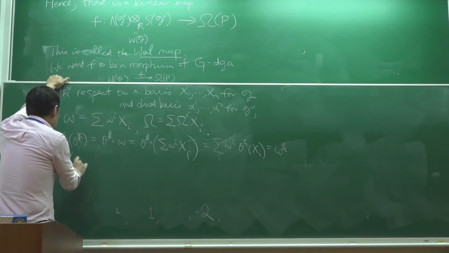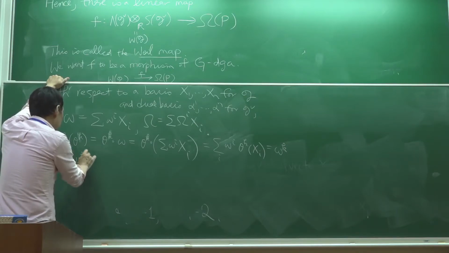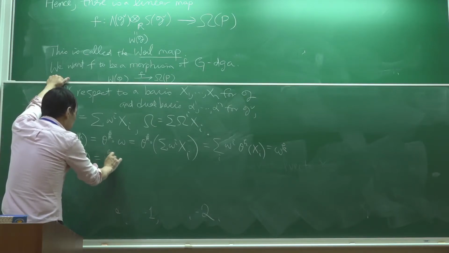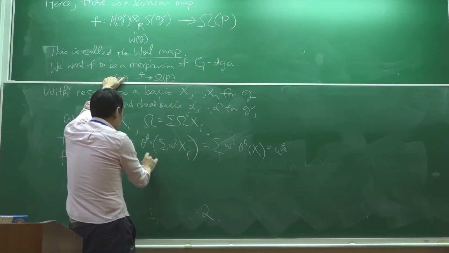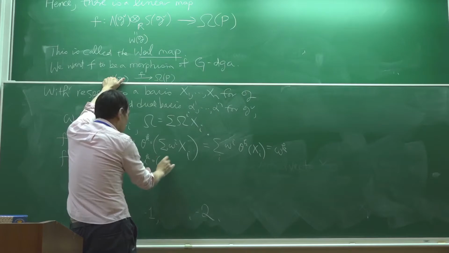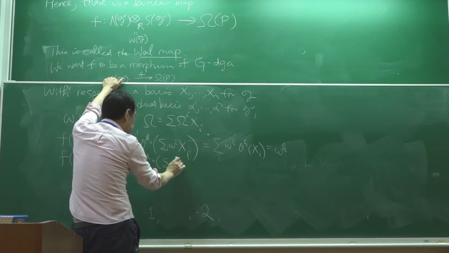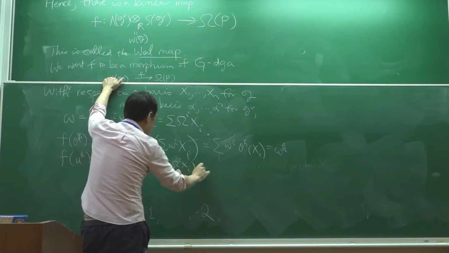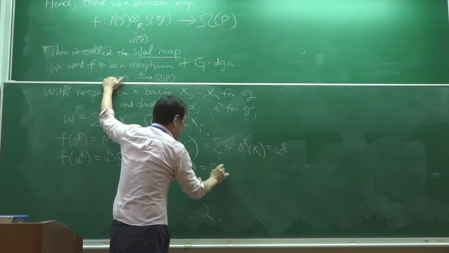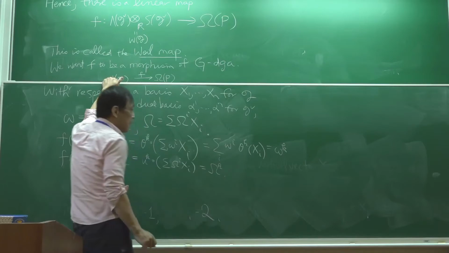And then f of uk is uk composed with big omega. So uk, and that will give you omega k.